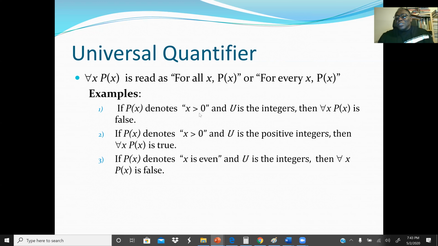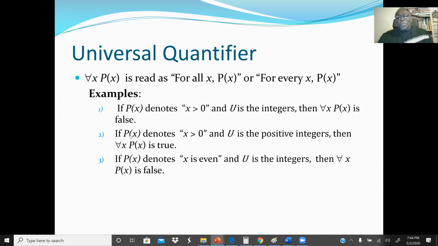The condition is x greater than 0, but the universal set U is integers. Integers can also be negative values, so we can have -10, -2, etc. So that's why we say ∀x P(x) is false, because here we represent only the positive values, but some can also be negative.